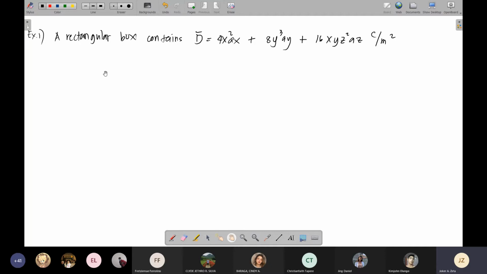Okay? So the rectangular box contains this electric flux density.